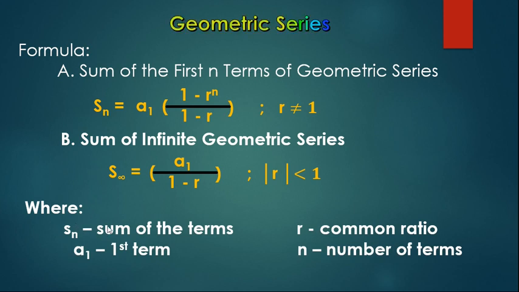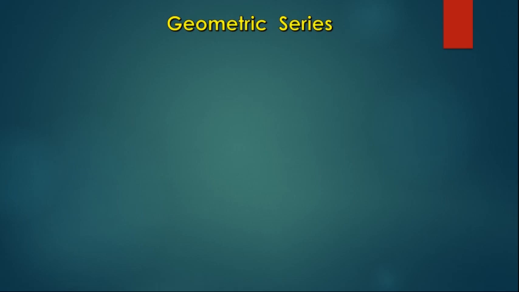So, ano po yung s sub n? So, that is the sum of the terms. A sub 1 is the first term, r is the common ratio, and n is the number of terms. So, again, for you to easily understand this formula, let us have our examples.